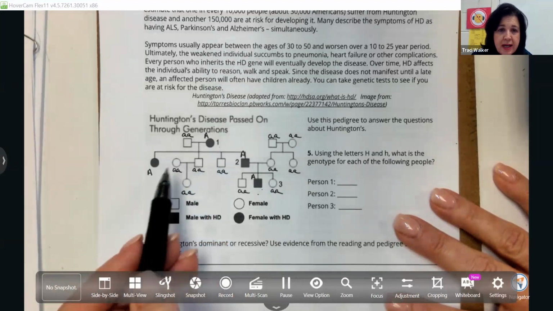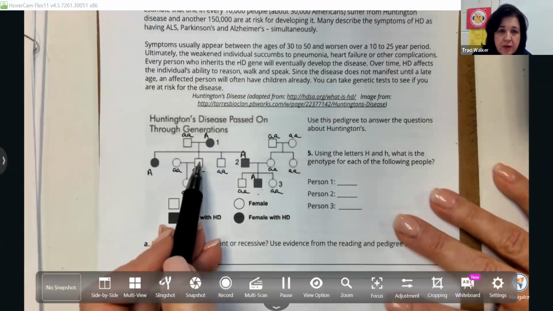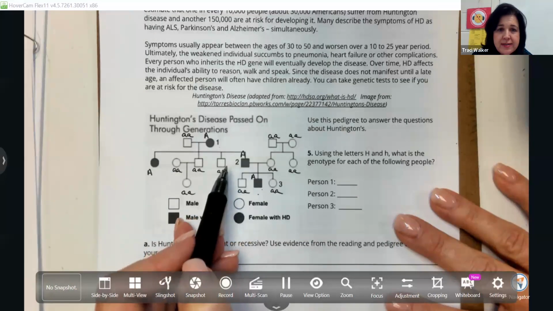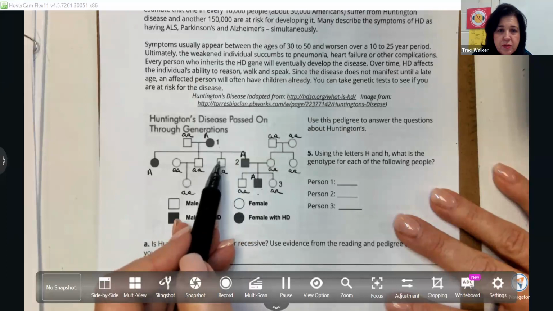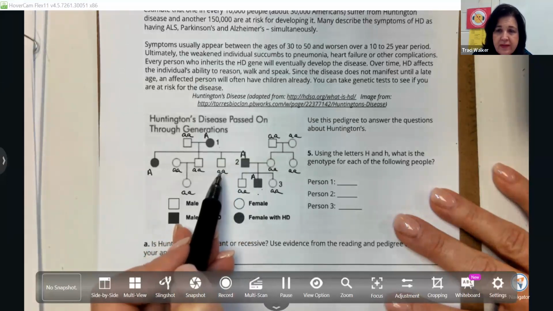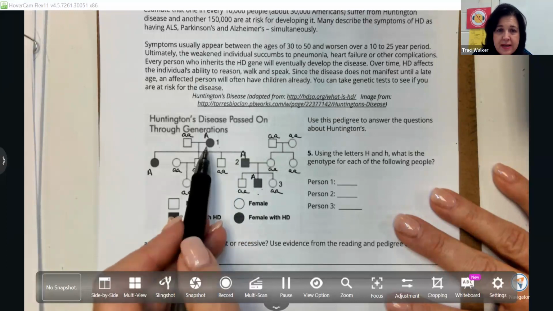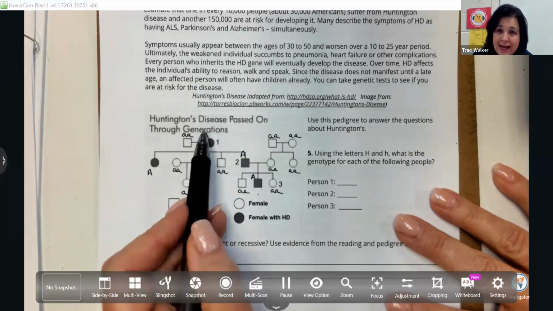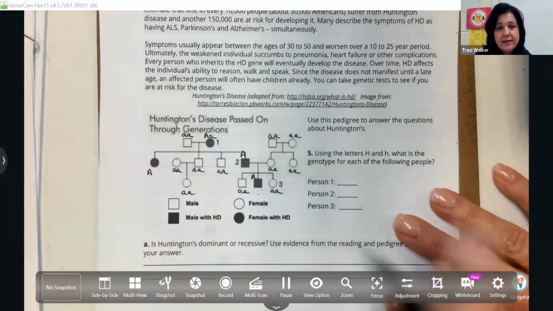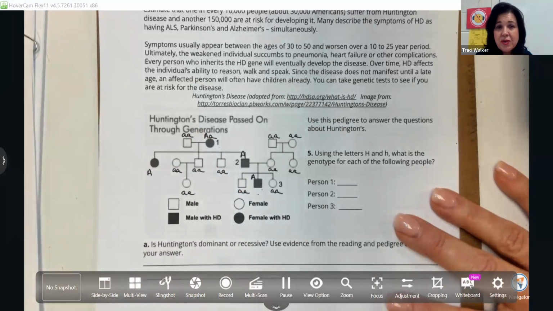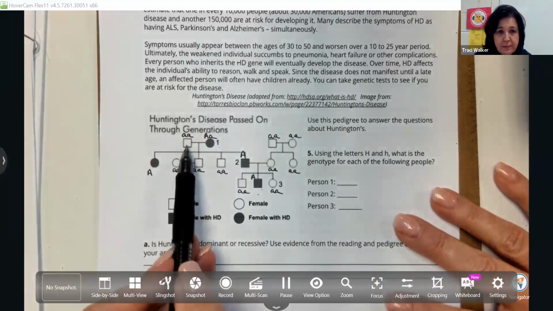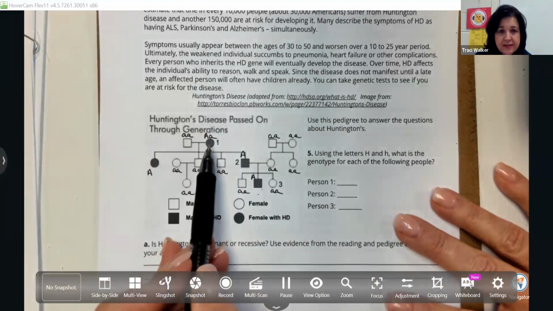So this one has 4 children, 1, 2, 3, and 4. And we see that 2 of this one's children have little a, and they don't have Huntington's. So that means that although this one has Huntington's, this one has the recessive gene. This male does not have Huntington's.